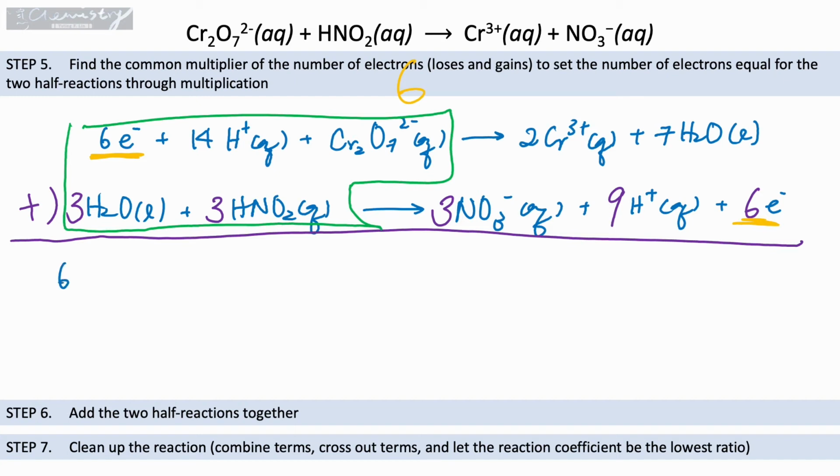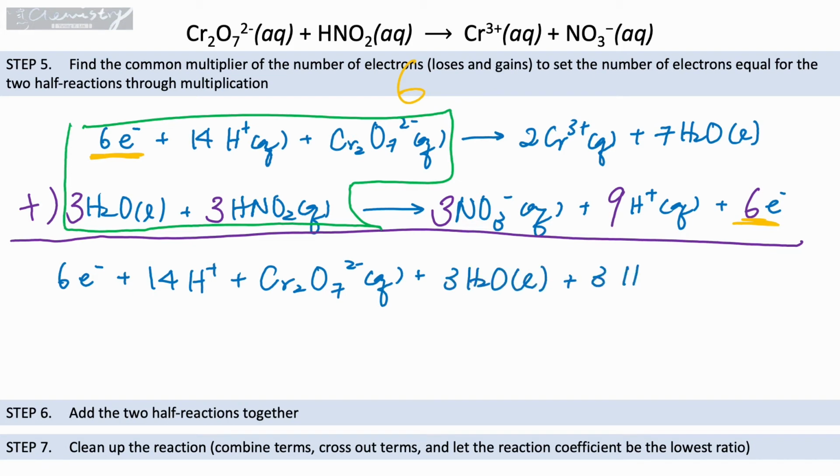So that is 6 electrons plus 14 protons plus the dichromate ion plus 3 water plus the 3 nitrous acid.